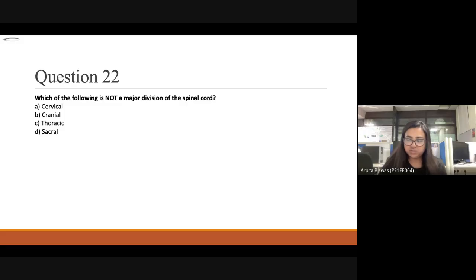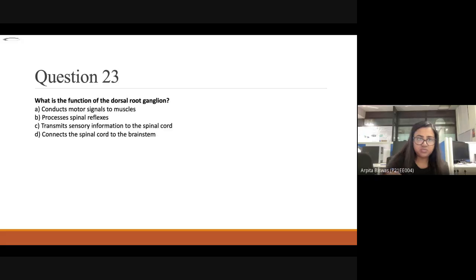The right option is option B, the cranial. Okay. Next, moving towards question number 23. What is the function of the dorsal root ganglion? First option is to conduct the motor signal to muscles. Second option is to process the spinal reflexes. Third option is to transmit the sensory information to the spinal cord. And option D is to connect the spinal cord to the brainstem.